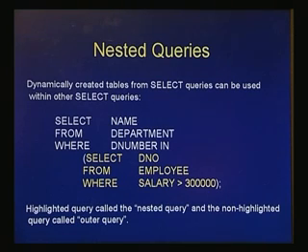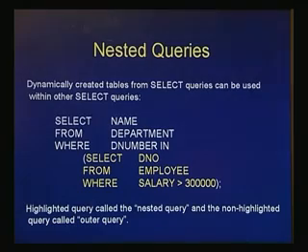So in is a new keyword that we are also introducing here, which essentially stands for set membership. That is, where the d number or the department number belongs to the set of all tuples that are returned by the query which is shown in yellow.